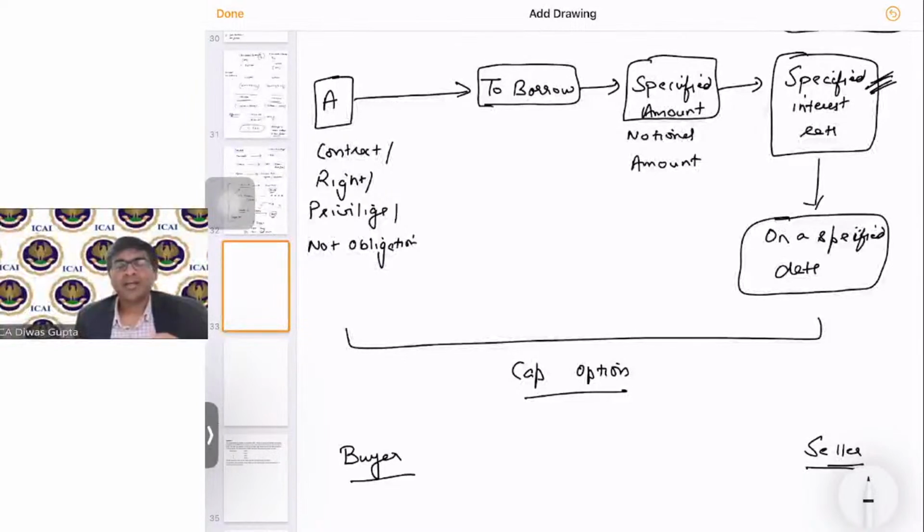For a cap option there will be a premium because the seller is giving you a guarantee that he or she will lend the amount to you at the specified interest rate. So that's why the seller would seek some compensation in the form of premium.